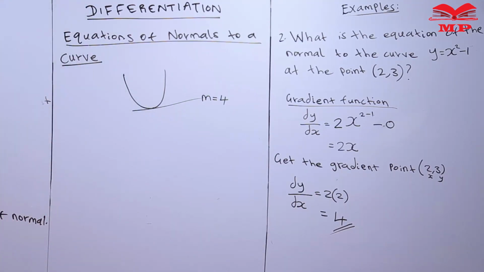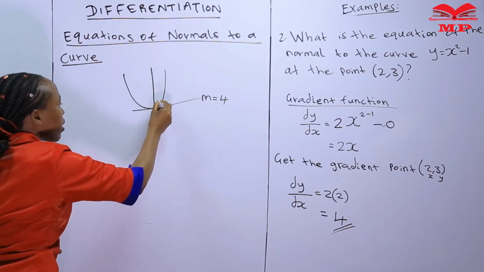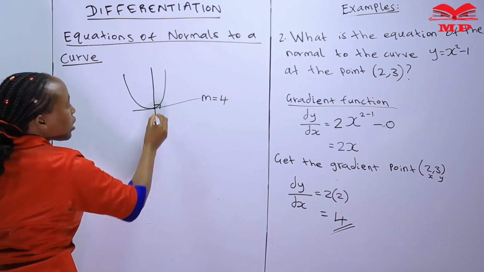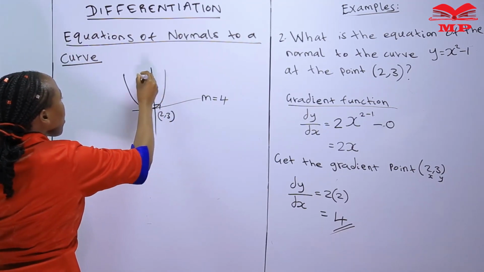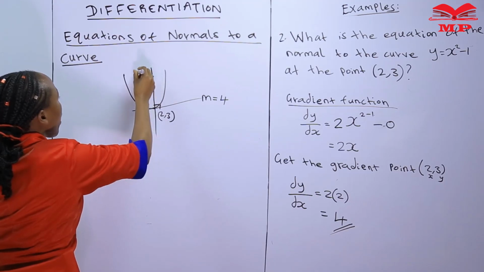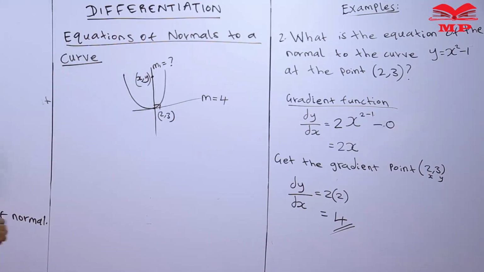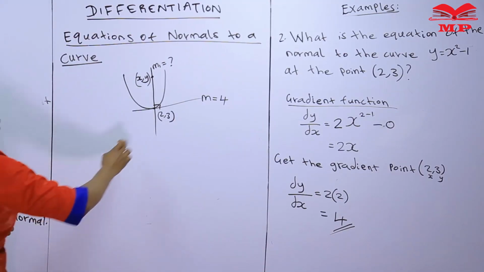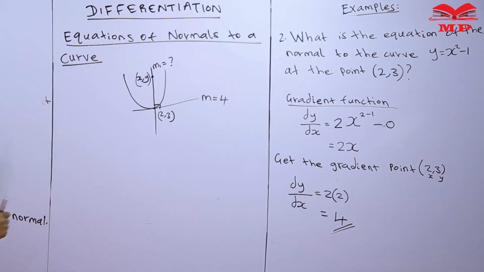And we want to find the equation of the normal. So if we have our normal here, we have the point here, which is 2, 3. We can take another imaginary point here, x, y, and we also require the gradient of the normal. Because the tangent and the normal are perpendicular lines, the product of the gradients is -1.